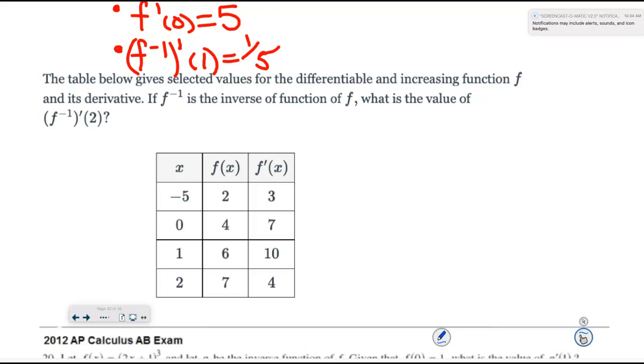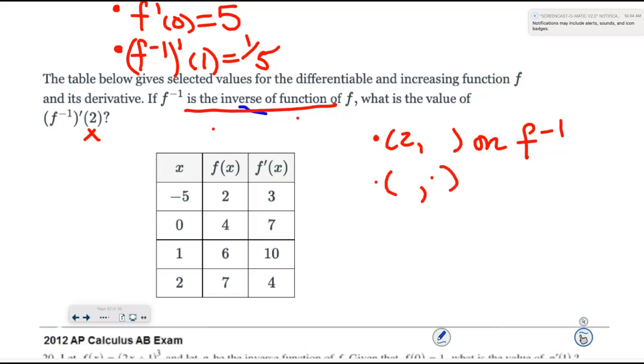So watch the algorithm again. Go ahead and read the problem. I know I have inverses because it's actually telling me with words. And then I'm to find the derivative of the inverse function when x equals 2. So here's my algorithm. Number 1, 2 comma something has to be on that inverse function if I'm to find the derivative there. Done. Bullet number 2, well then something comma 2 had to be on the original, whatever they call it.